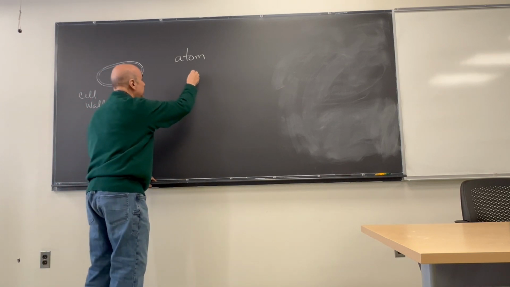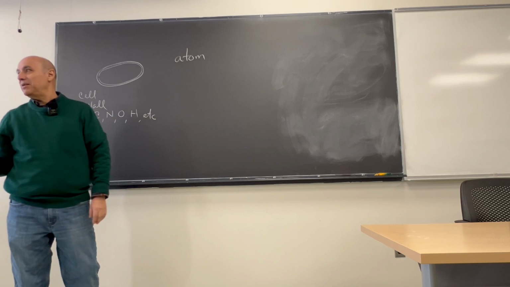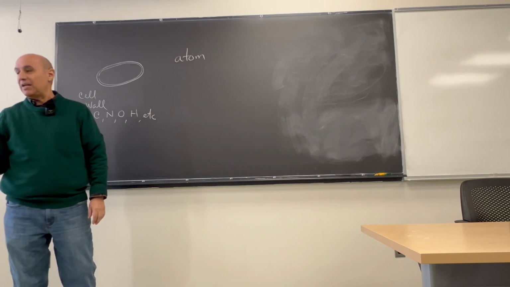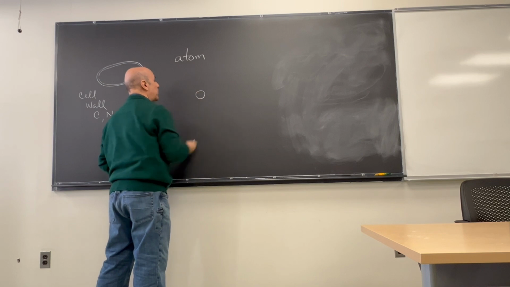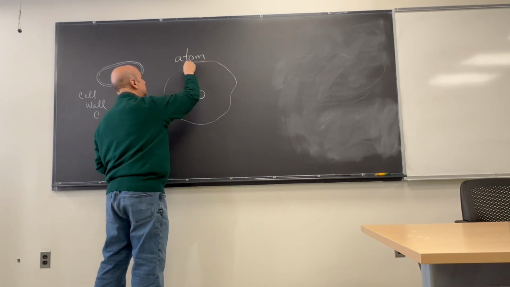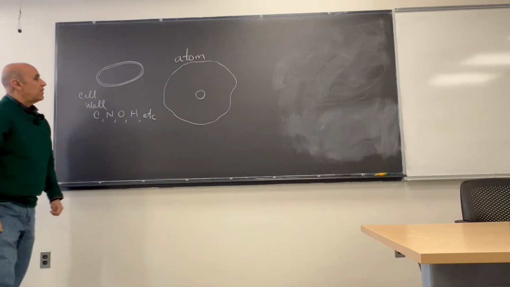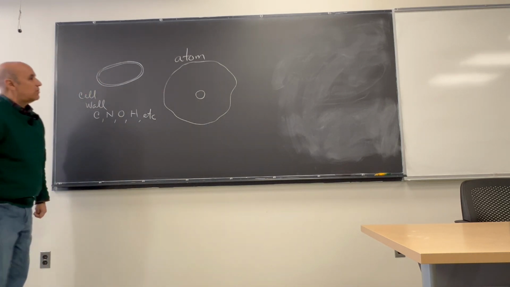Now, how are they the same? Well, they are the same, and this is a cartoon. By no means is this the way real matter looks. But in a cartoon that we're going to make here, we have a core at the center of this big space that sometimes is drawn like just a wavy circle around that core.